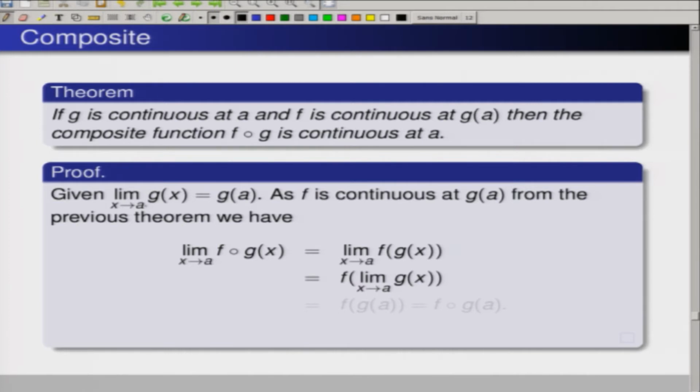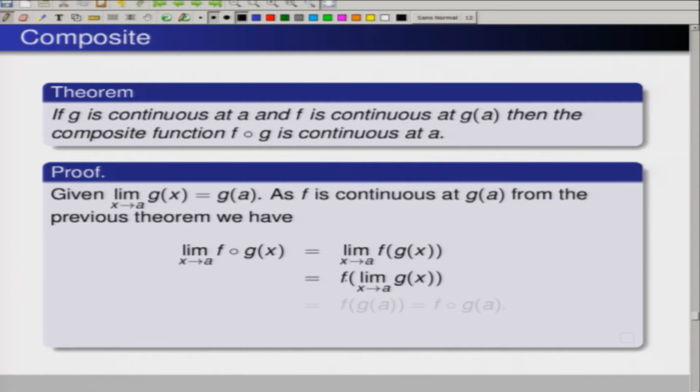Now, as x goes to a, g of x goes to g of a, because g is continuous at a. f is continuous at g of a. From the previous theorem, we have the limit as x goes to a of f composed with g of x, which is equal to the limit as x goes to a of f of g of x. The previous theorem says that if f is continuous at g of a, then we can interchange f and the limit.